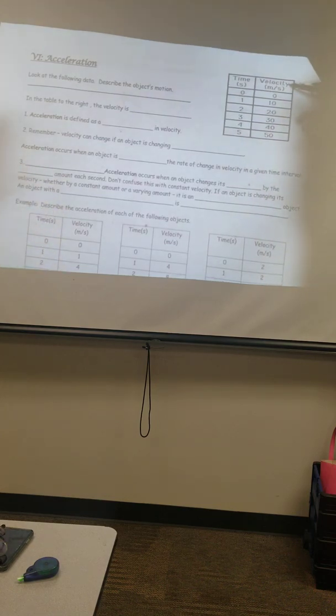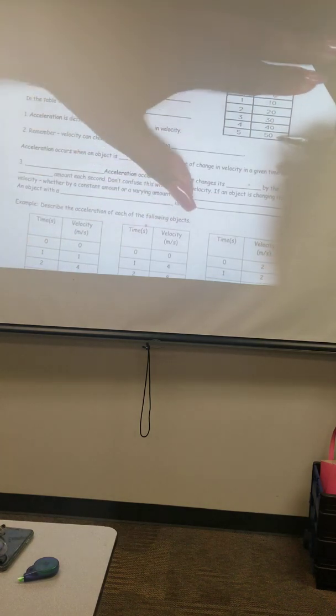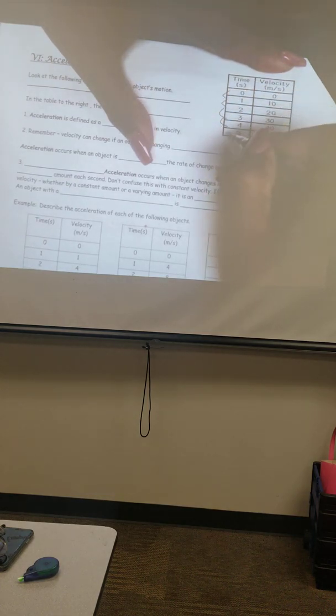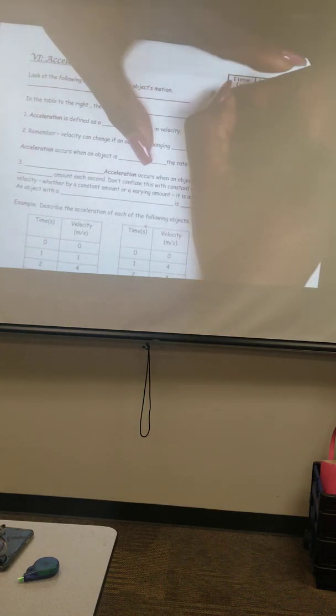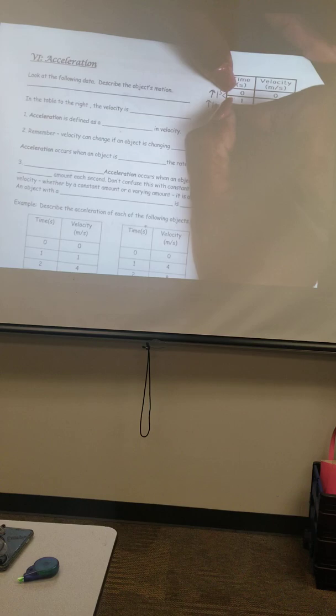Velocity, which is a vector quantity, 0 to 10, 10 to 20, 20 to 30, 30 to 40, 40 to 50. This time, from here to here, is increased by 1 second. The next section, increased by 1 second.